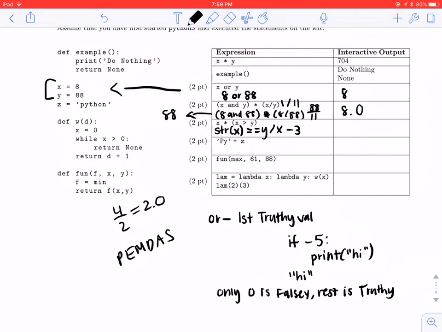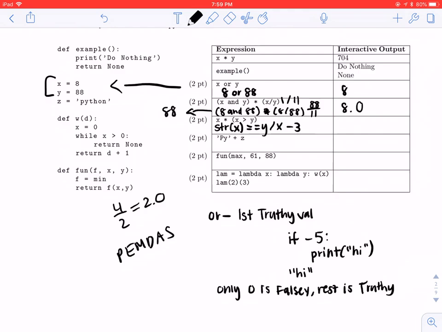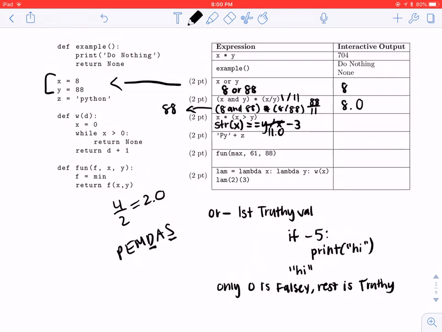We know that division comes before subtraction, the D and the S. So we do y divided by x, which is 88 divided by 8. This is going to be 11.0. Then we do 11.0 minus 3, and that's going to be 8.0.